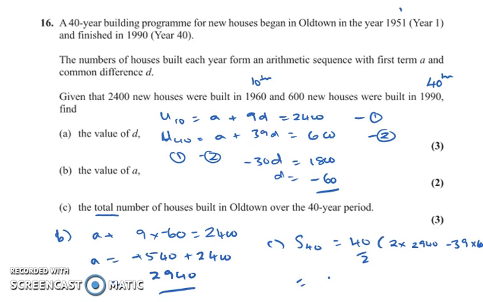So we do all these calculations. I could do them all to the side. If you persevere, you should get that the total is 70,800 houses. Thank you.